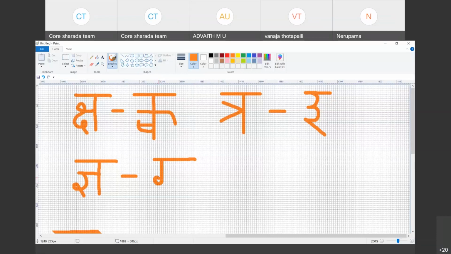In Devanagari, it's a combination of j and nya. So don't get confused with that. In Sharda, this is how we write it.